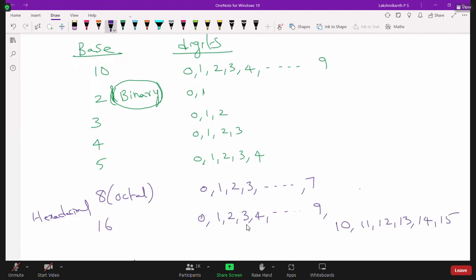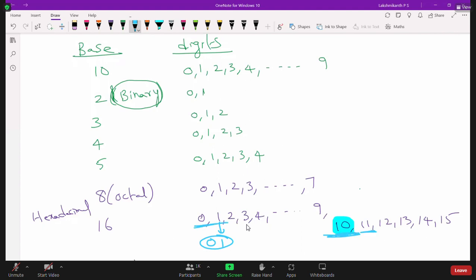These are the possible remainders. Now the problem is, if you write a digit as 10, we cannot identify whether it is 1, 0, or 10. We need to show the difference.